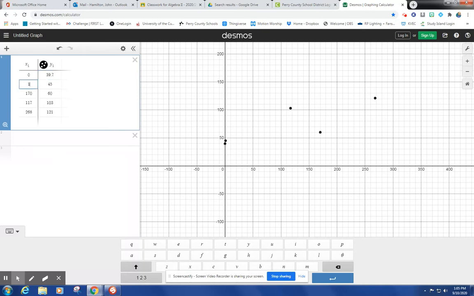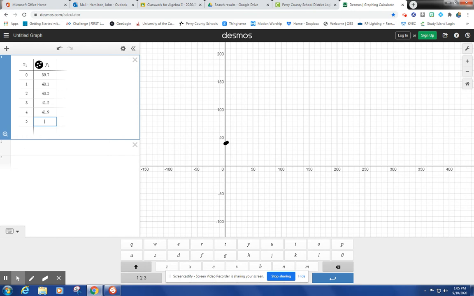Here I'm going to use year 1 or 2001, representative for 2001 was 40.1. Year 2 or 2002 was 40.5. Year 3 was 41.2. Year 4 was 41.9. And year 5 is 42.6.